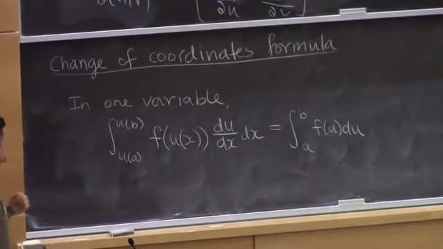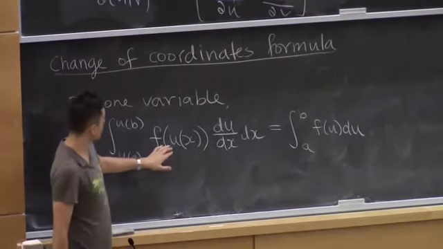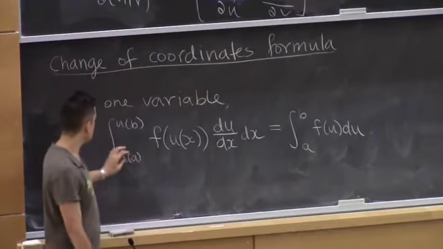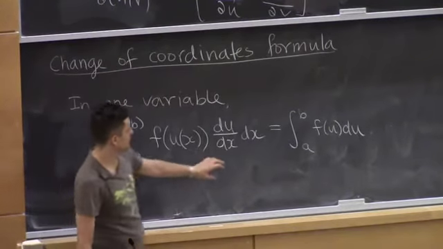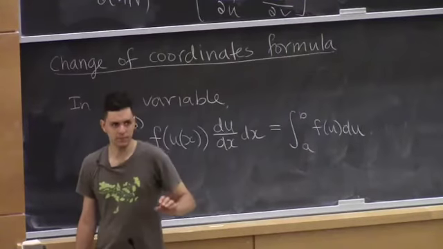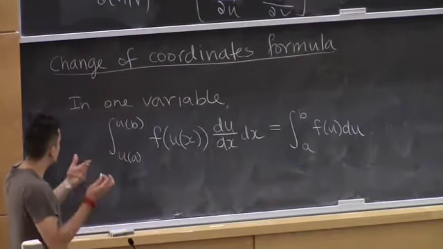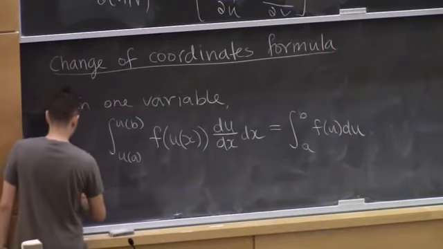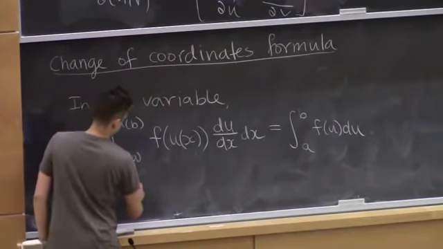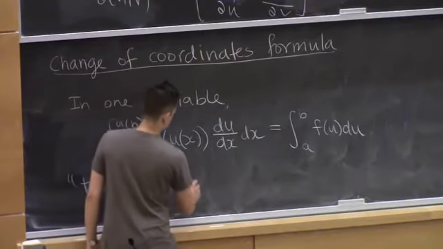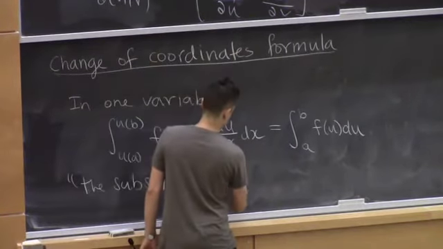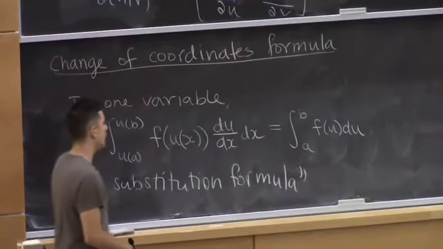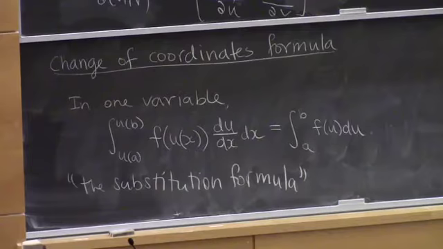Okay, if we can substitute a variable u and we have its derivative here, then we should be able to replace that domain with A and B. Okay, so that's our substitution formula, as it works in one variable calculus.